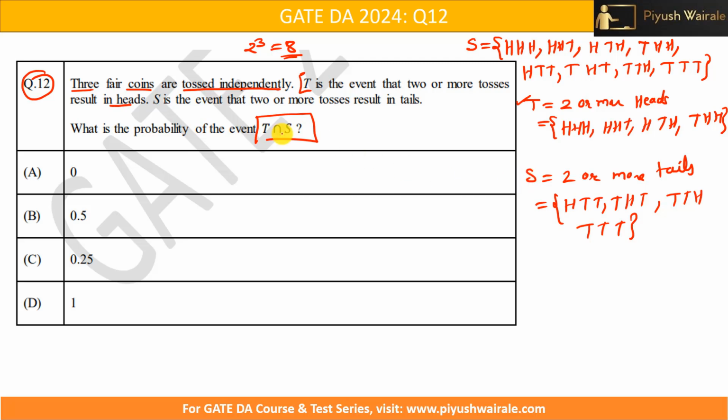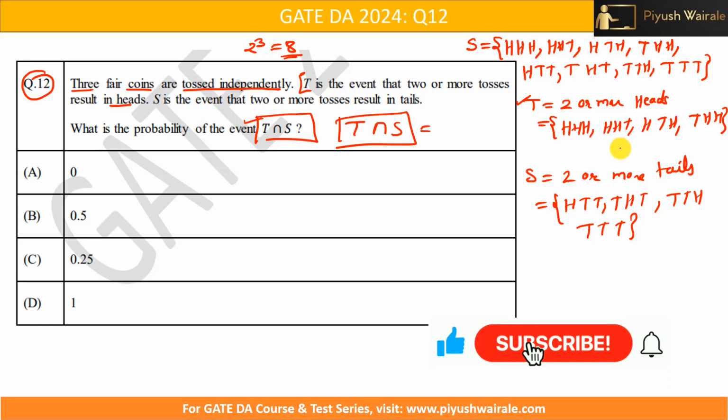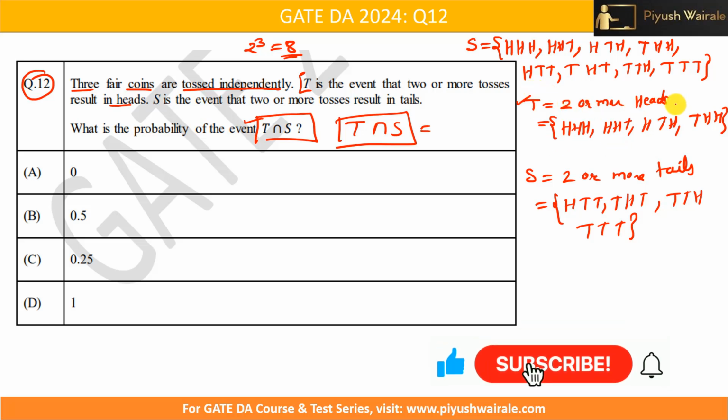And what we need to find out is the probability of T intersection S. T intersection S means the elements which belong to both the events T and S. Intersection means common elements, right? So do we have a common element here? No, it is not possible, because T is two or more heads, and S is two or more tails.